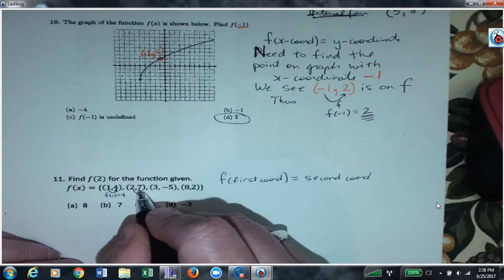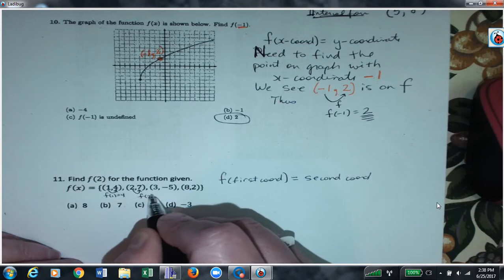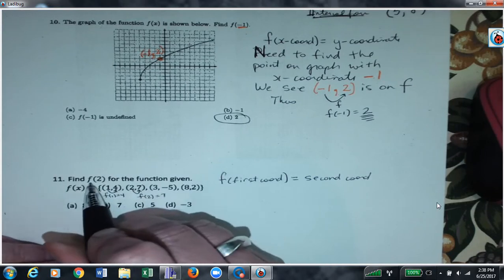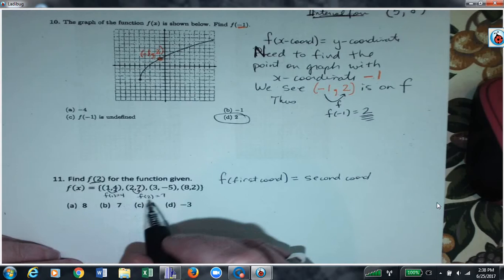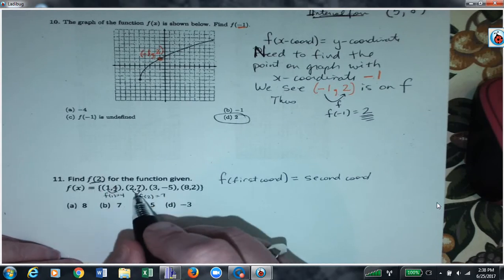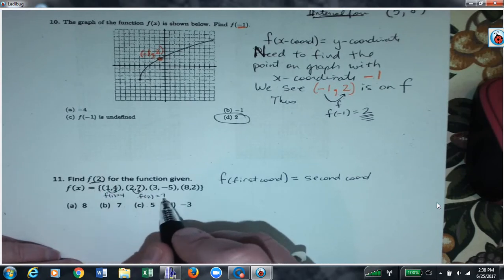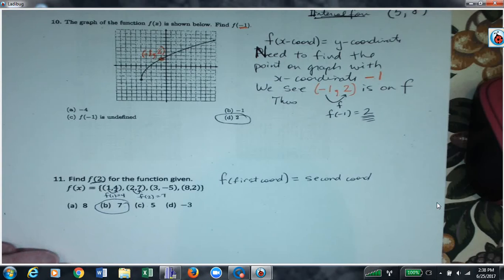This tells me f of 2 equals 7, and that's what we want. So what is f of 2? I can stop right here. f of 2 is equal to 7. And so the answer to number 11 is B.